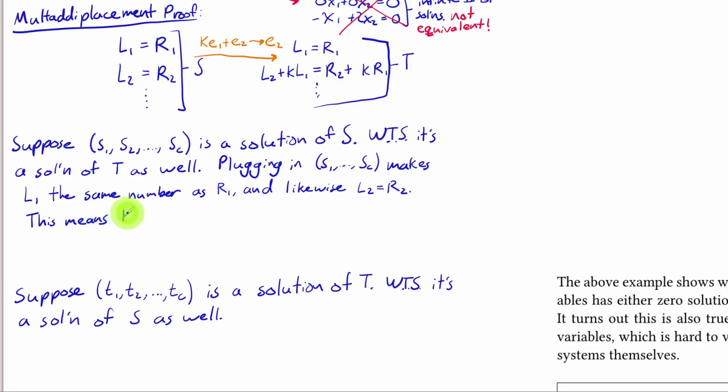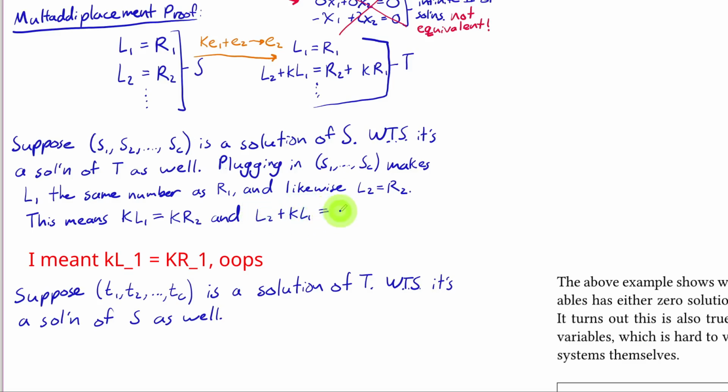This means that K times L1 is the same number as K times R1. And since L2 and R2 are the same number, it means that L2 plus K L1 is the same number as R2 plus K R1, meaning we just added the same number, K L1 and K R1, to both sides of an equation that had likewise the same number that were already equal.